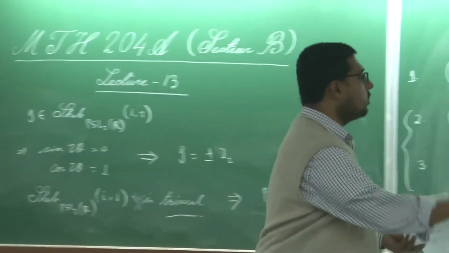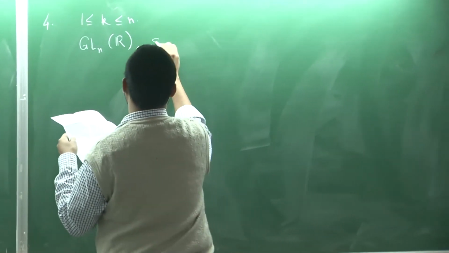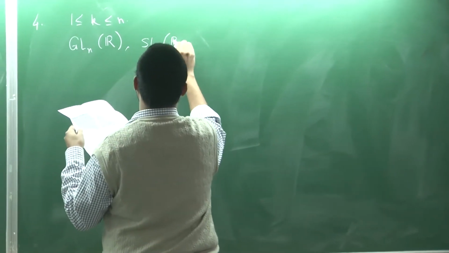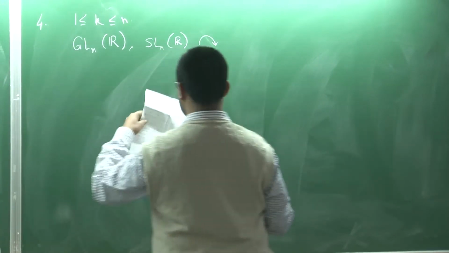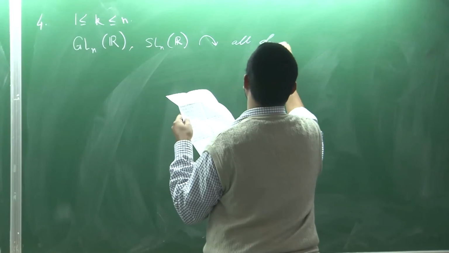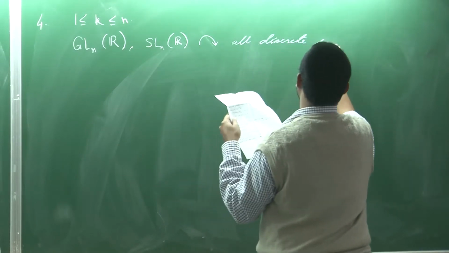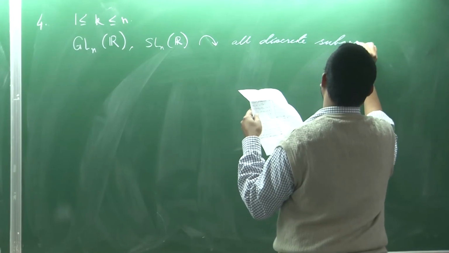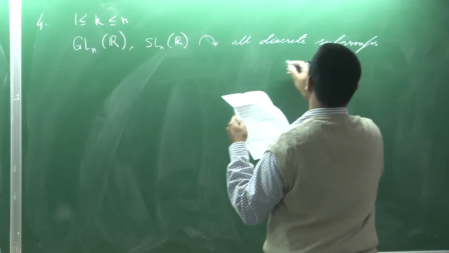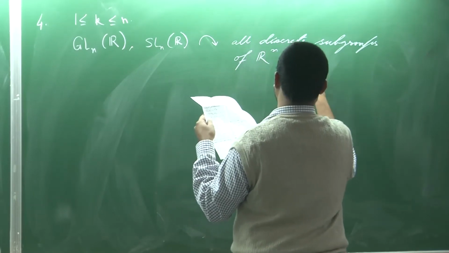In fact GLnR and SLnR act on all discrete subgroups of Rn of rank k.